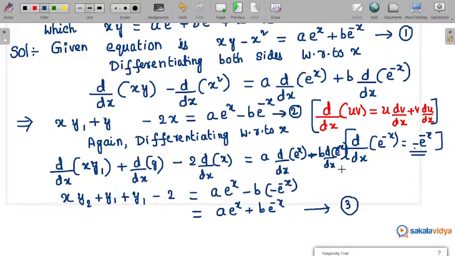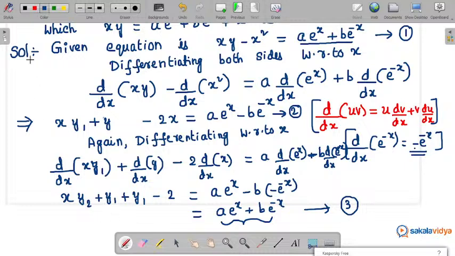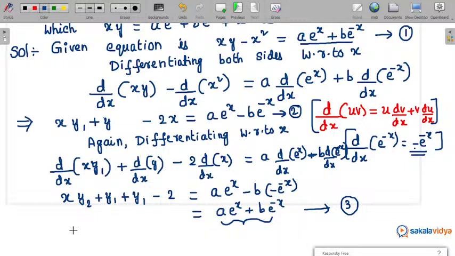See, from 1 and 3, a e power x plus b e power minus x is nothing but xy minus x square. So this is replaced by xy minus x square. That means now we can write xy2 plus 2y1 minus 2 is equal to xy minus x square.